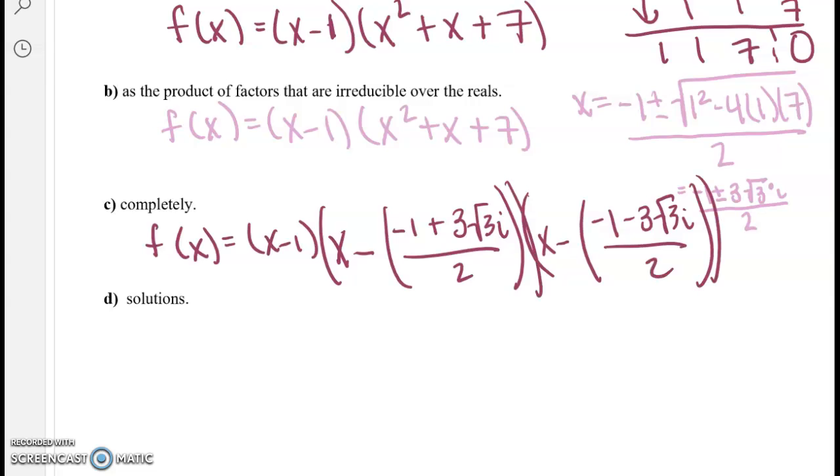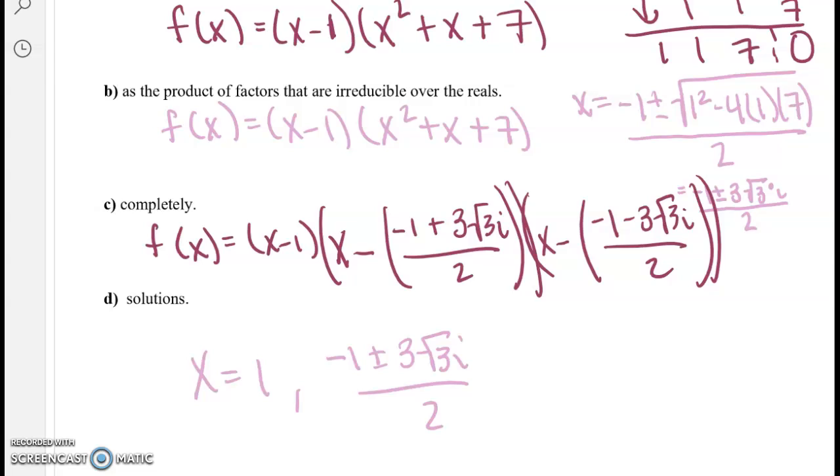So this would be our complete factorization, and then we have those solutions. So x equals 1, and then negative 1 plus or minus 3 root 3i all over 2. So there are my three solutions here.